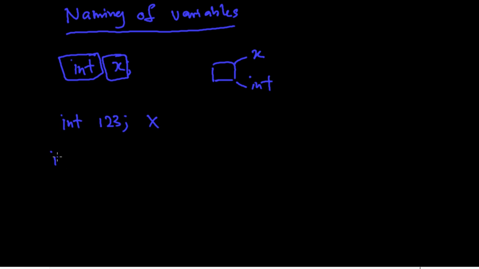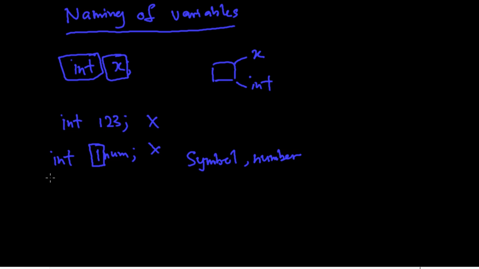Now, how about this? Not only numbers, right? Let's put in one num. It's wrong as well, because the rules and regulations state that the first letter or the first number cannot be a symbol or a number.